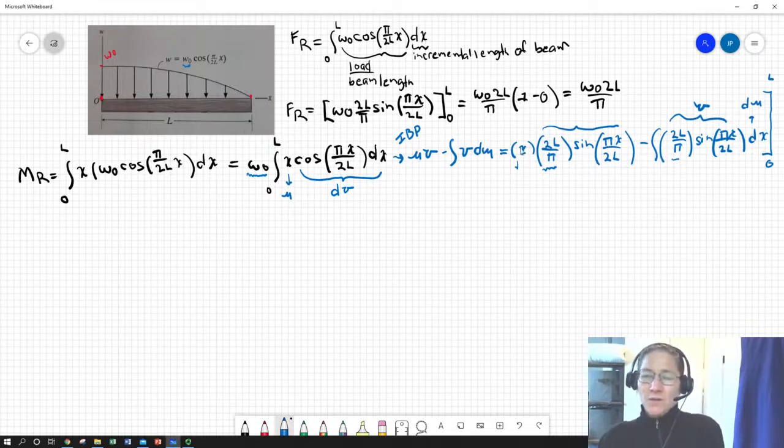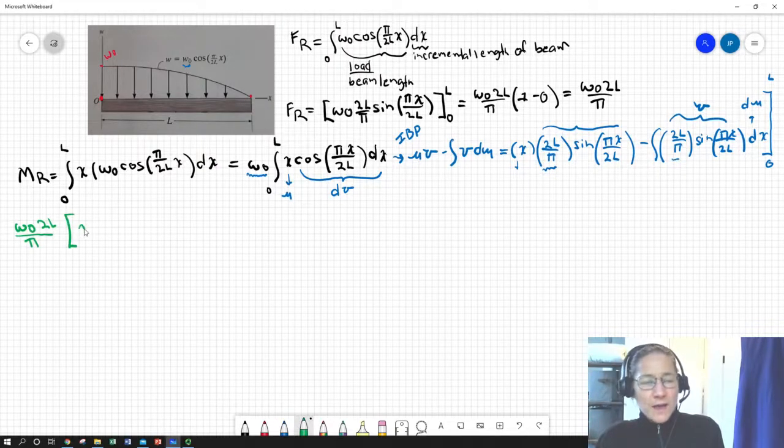Let's combine those two with our W0 right out front. So let's do a W0 times 2L over pi, and that's going to multiply by everything.